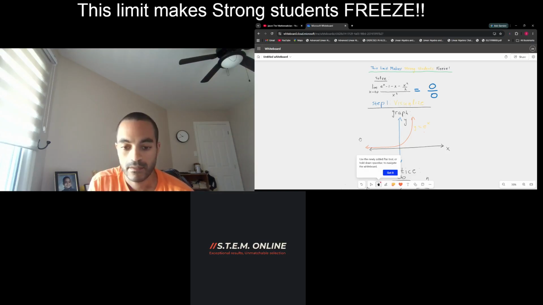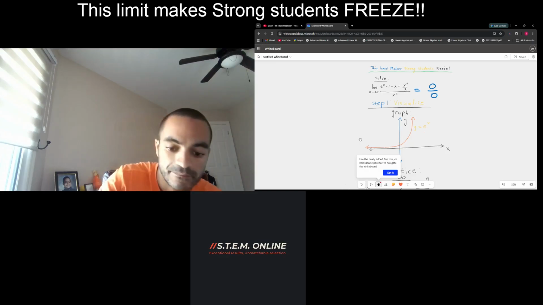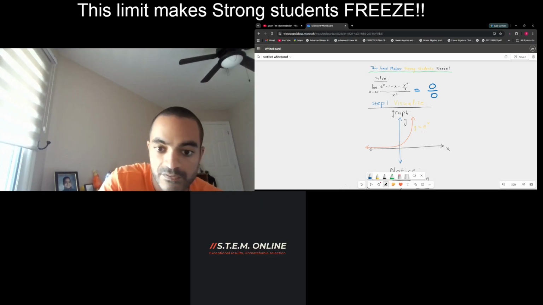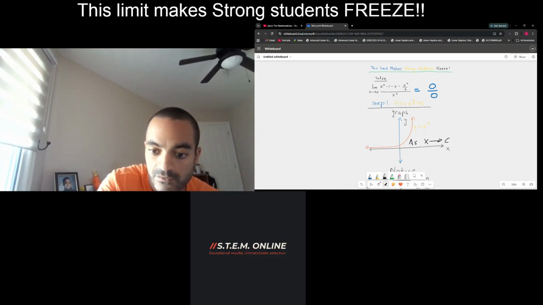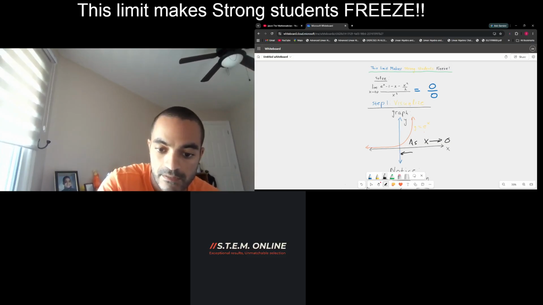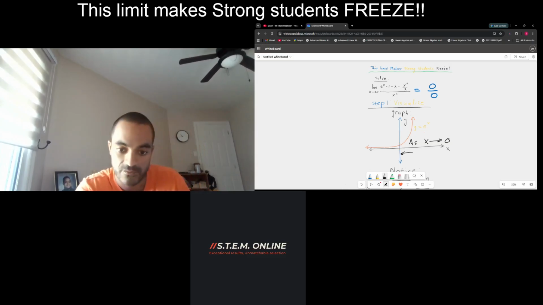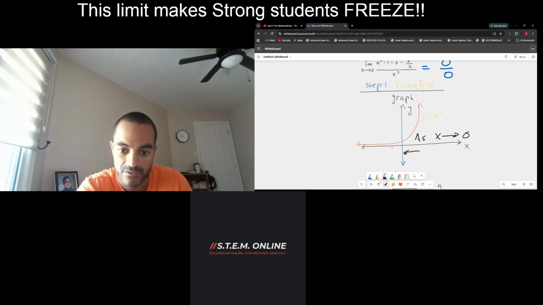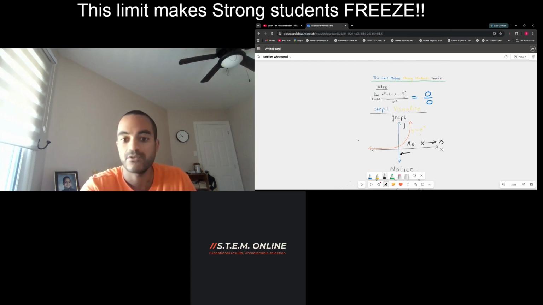And what this shows us is as x approaches 0, going this way, you zoom in on that and see what I mean, the terms in our function become negative.